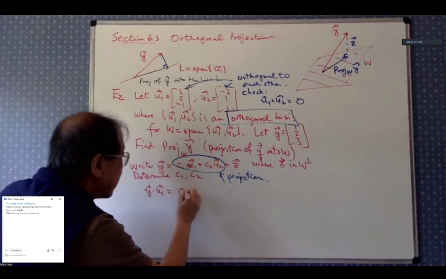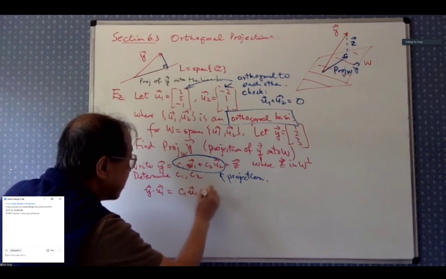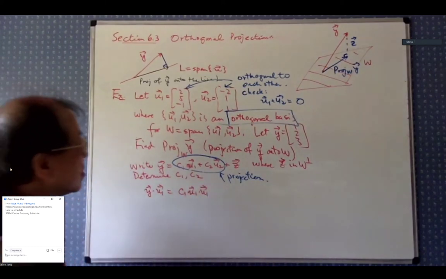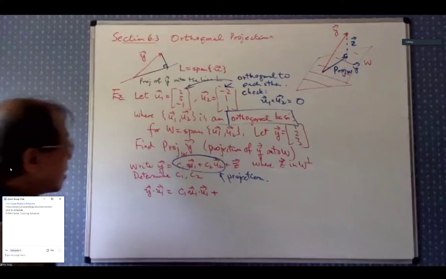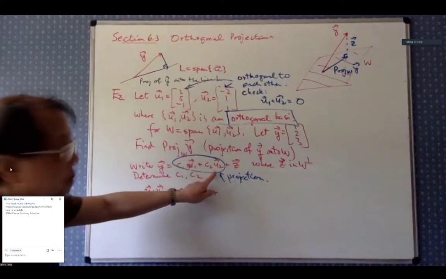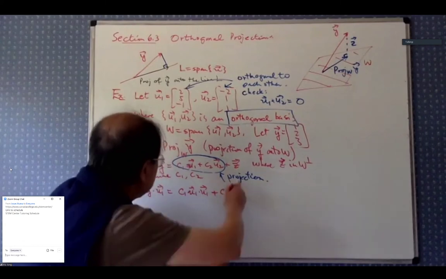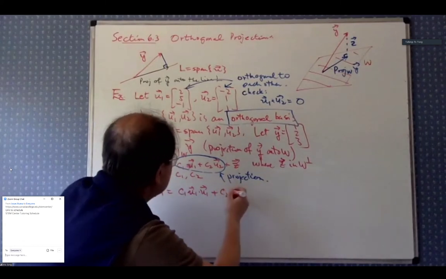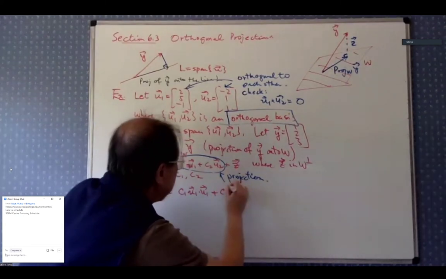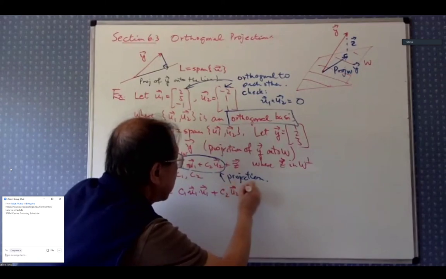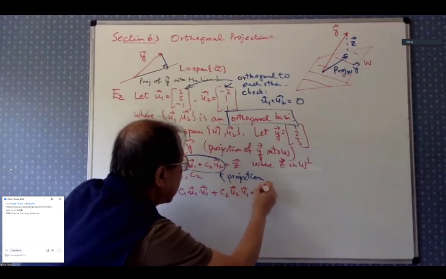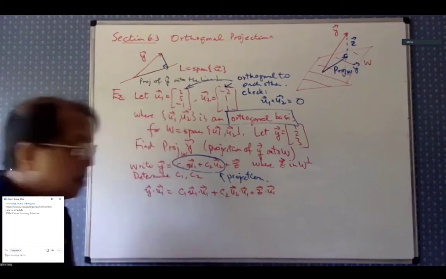Then we have C1 times U1 dot U1, plus C2 times U1 dot U2, plus Z dot U1.